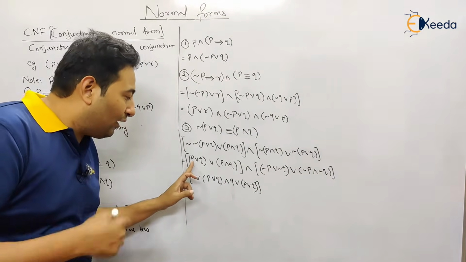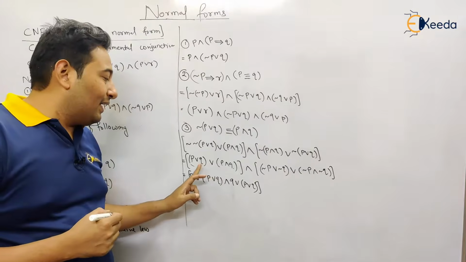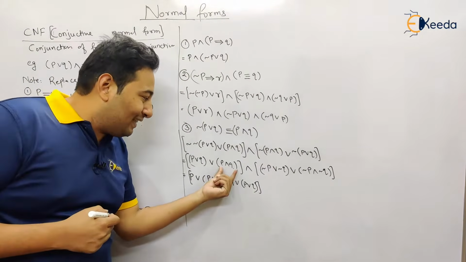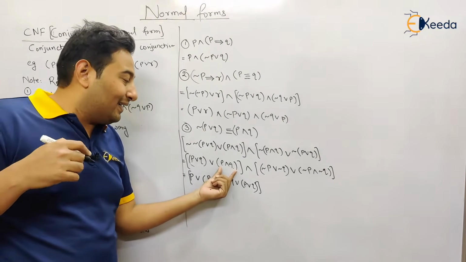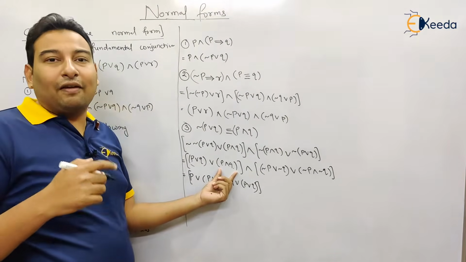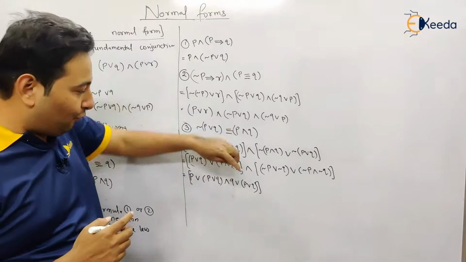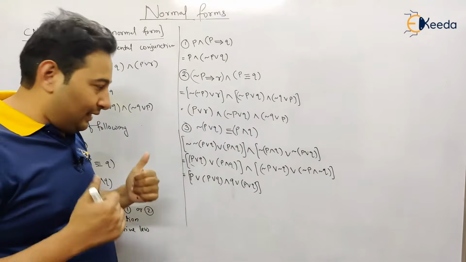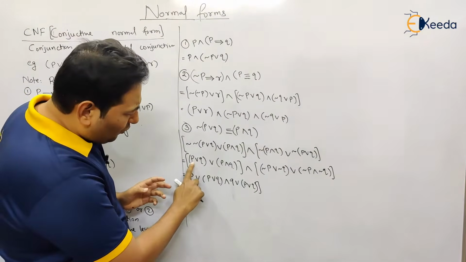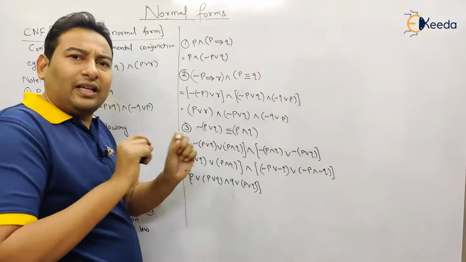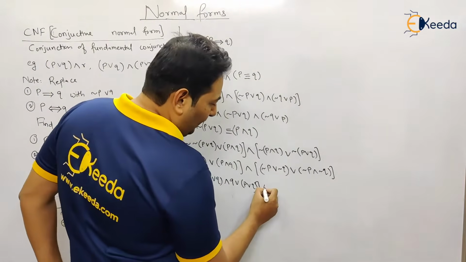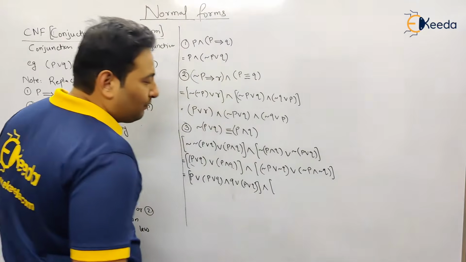If I go ahead with this P or this term, and in between this or Q or this term, then the problem is in the bracket I will get a conjunction, but in CNF I want a disjunction in the bracket. Therefore I am multiplying like this and not like this. Next, obviously you can go ahead with this also, P or this, and if you simplify further, ultimately you'll get the same result. Let us move on and talk about these terms.